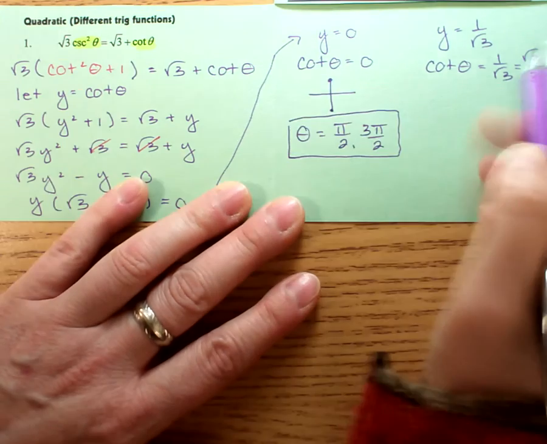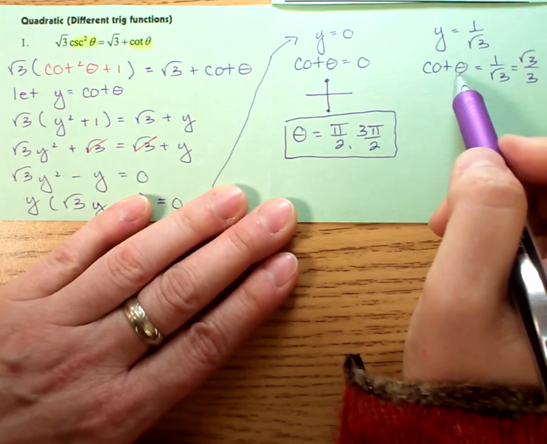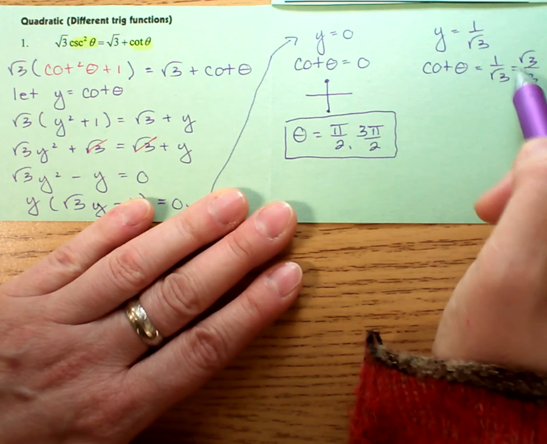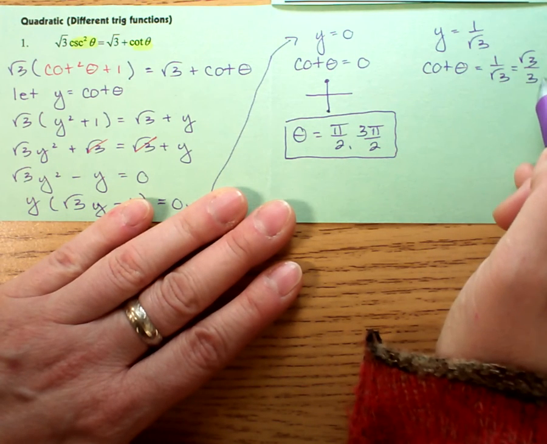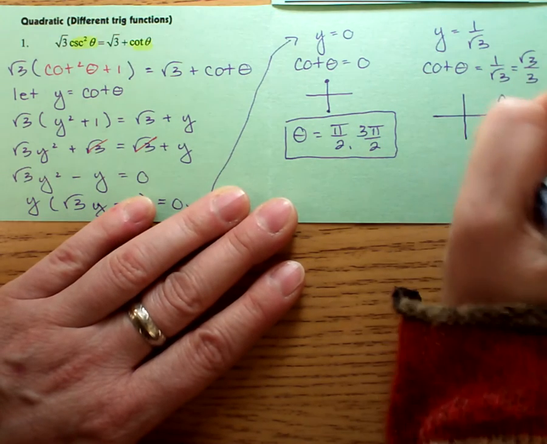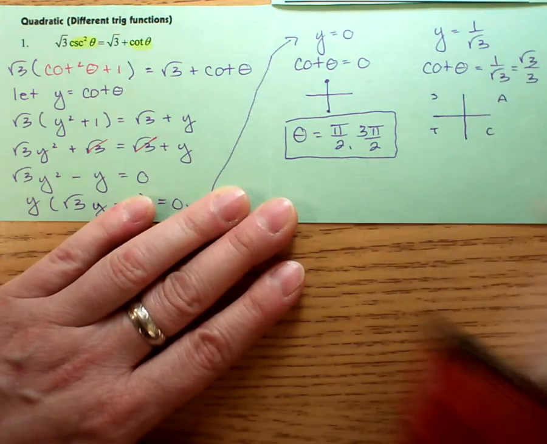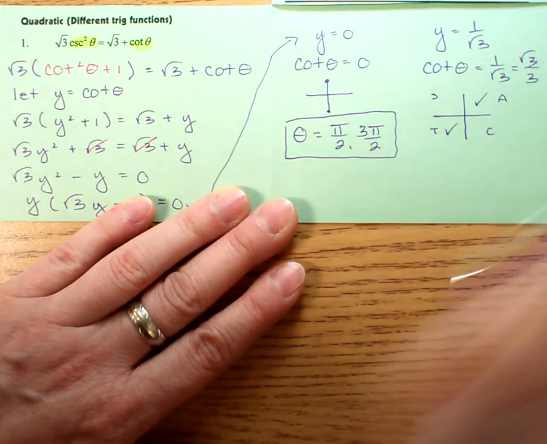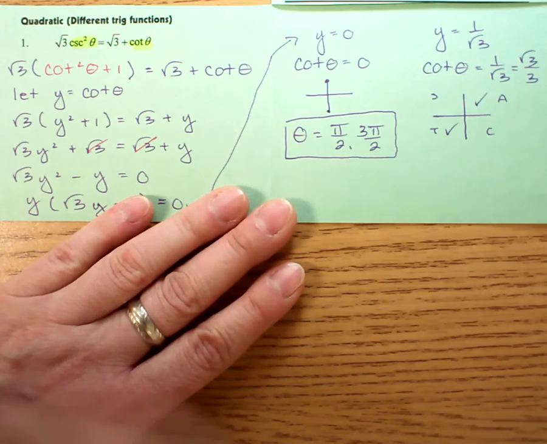When I'm looking at the second part of my equation, I want to know where cotangent evaluates to 1 over radical 3, or radical 3 over 3. First of all, I'm going to think all students take calculus. I need it to be positive, so I'm looking for what reference angle in this quadrant and what reference angle in that quadrant.